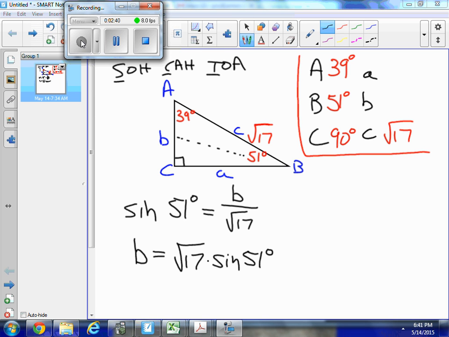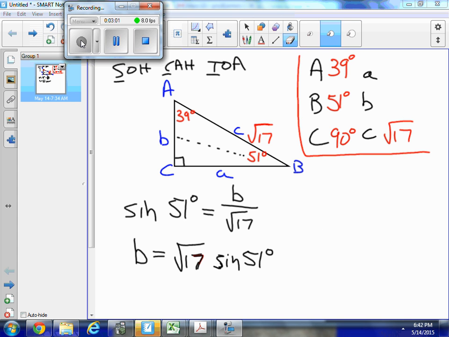And usually we leave out the little dot. You can put just radical 17 sine 51 degrees. Whoops, wrong color. Radical 17 sine 51, just like when you're doing AB, the dot is assumed. It's the same thing. It's a product.